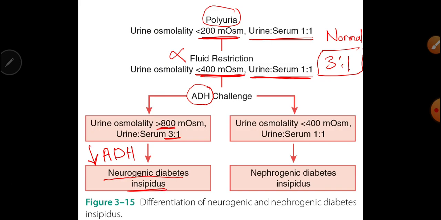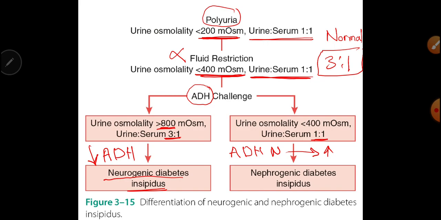If the patient after injection of ADH still has 400 milliosmol or less, and the osmolality of urine is low, 1 to 1 to serum, this indicates that the ADH may be normal or high. So the patient may have normal ADH or even high ADH, but the kidney has a problem responding to ADH.